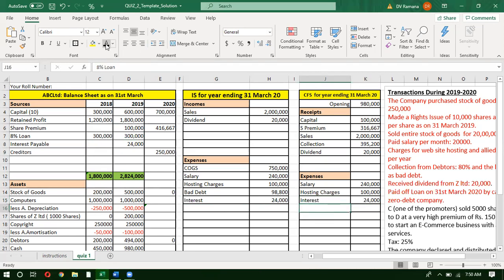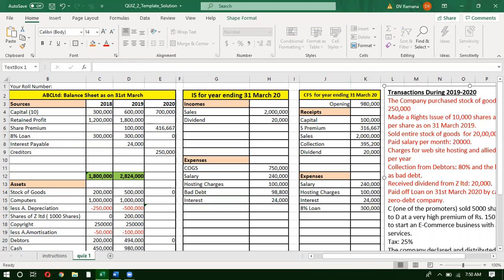So therefore, payment of interest and payment of loan is a cash outflow. Interest is an expense, and the reduction of loan will lead to the 8% loan no more appearing on the balance sheet. Wonderful.